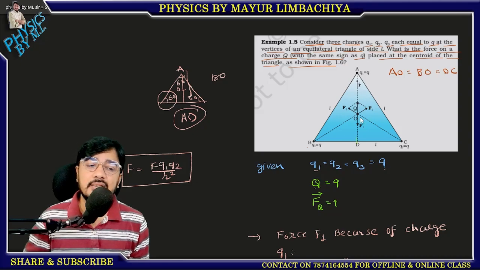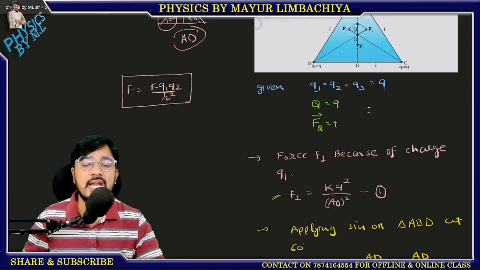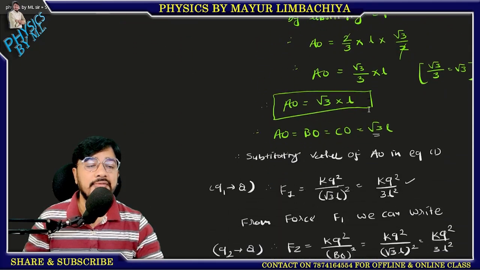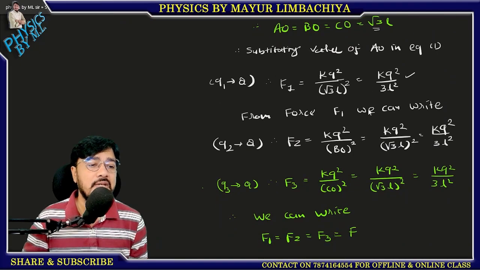And the F3 force is along the CO direction. So F1 will be in the AD direction. The same here, this is F2, BO direction. And this, I can write, CO direction.